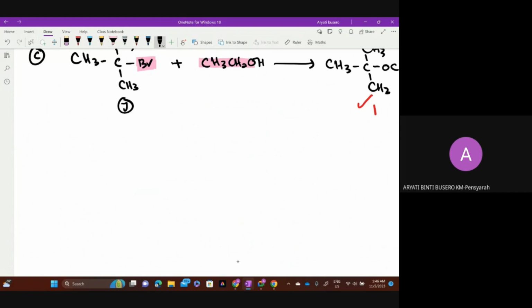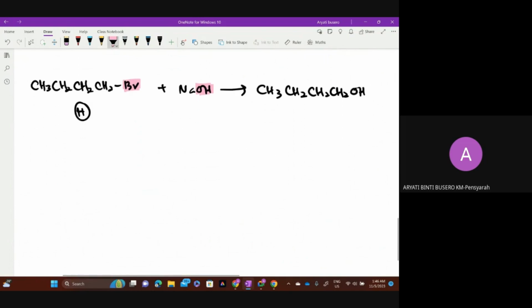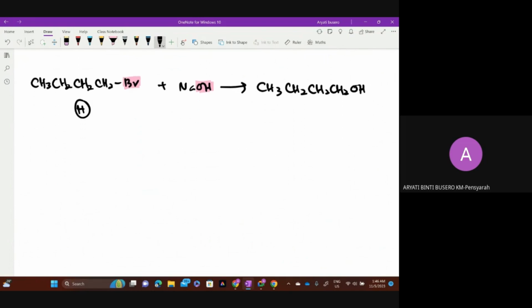So saya pilih CH3 CH2 CH2 CH2Br H dengan NaOH. So dia akan jadi CH3 CH2 CH2 CH2OH dia akan jadi alkohol. Di mana Br substitute with OH. Okay, tapi ini tak dapat markah sebab dia suruh show the mechanism. So show the mechanism.